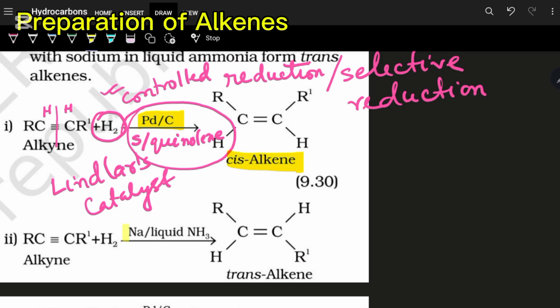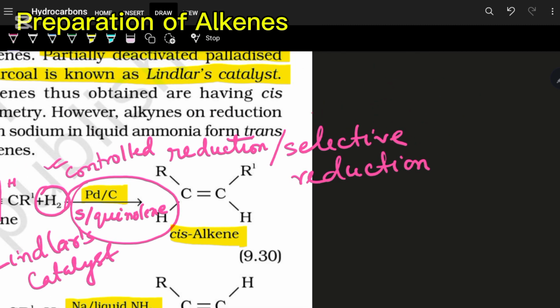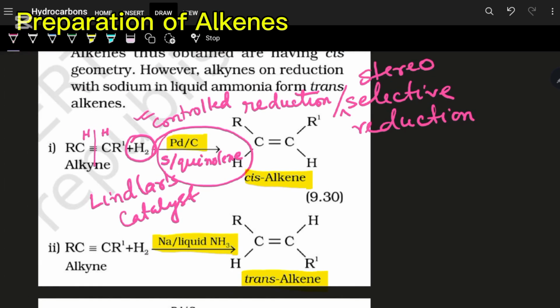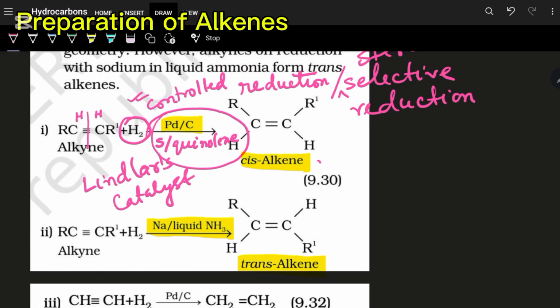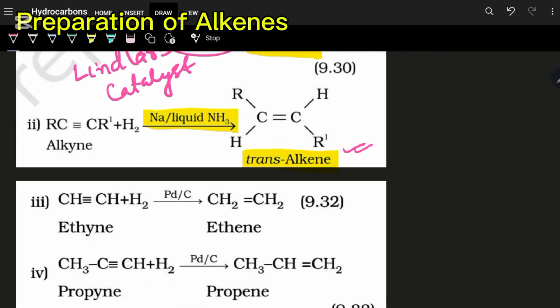But if you use sodium in liquid ammonia, you get trans alkene. So it is a selective reduction, or I can say a stereoselective reduction process. So how to obtain cis alkene or trans alkene? You need to know which catalysts to use.